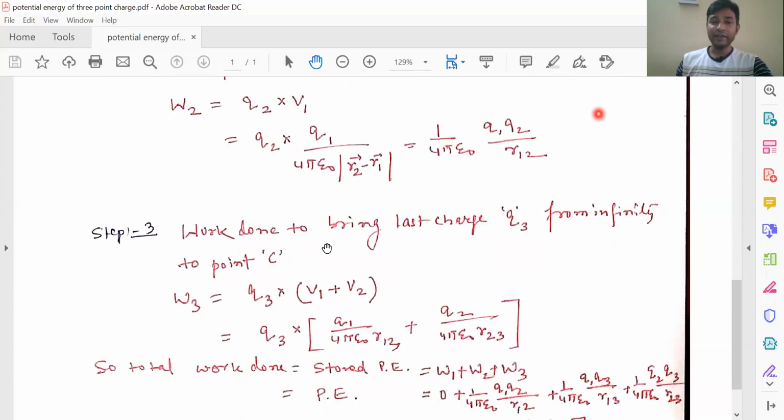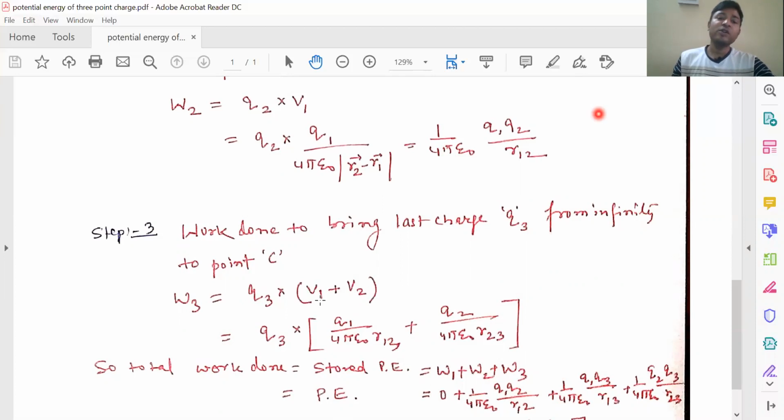Now again we have to calculate the work done, and work done is equal to charge into potential. The potential is now due to the two point charges, from the first one as well as from the second one. From the first one, let us suppose V1, and from the second one, let us suppose V2. Here V1 is somewhat different from the earlier one. It is the potential due to the first charge at the point C, where the third charge is now resting.